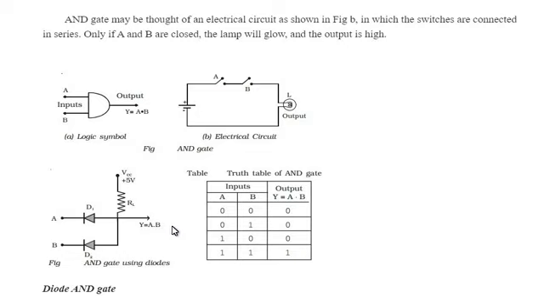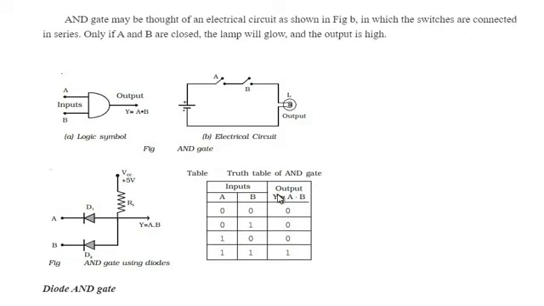Is that clear? Okay. Therefore, at the last case, both A and B are high. Both the diodes are in reverse bias direction. Therefore, output Y will be high, and this is the condition for AND gate.